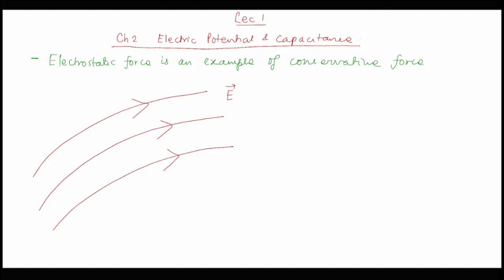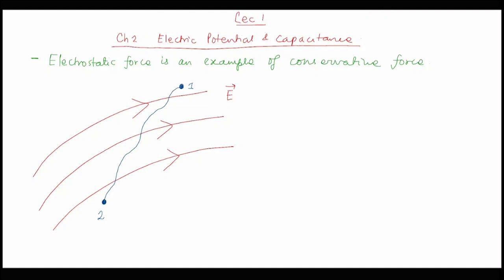Now suppose a charged particle, a test charge, is taken from a point 1 to a point 2, so we need to calculate the amount of work done in order to move this charge in an electrostatic field by an external agent slowly. The word slowly is introduced so as to make sure that there is no change in kinetic energy.